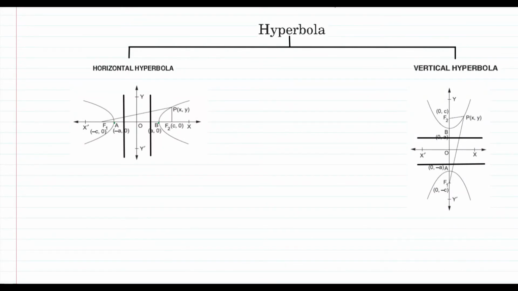Now let us discuss the different points of the vertical hyperbola and the equations of the axes and directrices. The standard form of the vertical hyperbola is minus x square by a square plus y square by b square equals 1. This vertical hyperbola is also called the conjugate hyperbola.